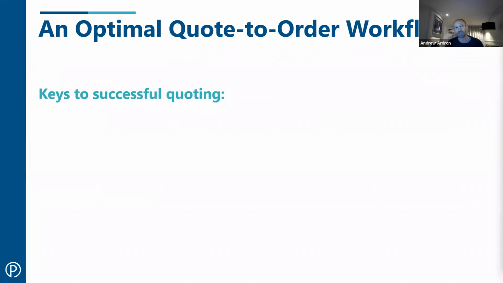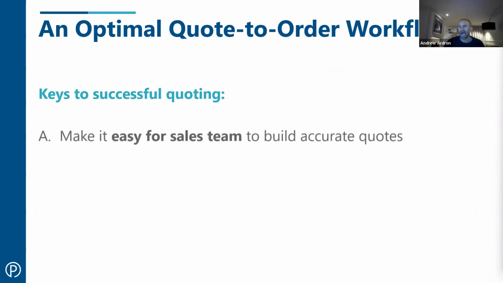But let's return to the specific topic of this webinar, which is the quote to order workflow and the keys to successful quoting. And the first thing is to make it easy for the sales team to build accurate quotes. I said part of the profitability is not losing all the time, and committing too much time to doing each of these quotes, because that'll undermine the profitability.